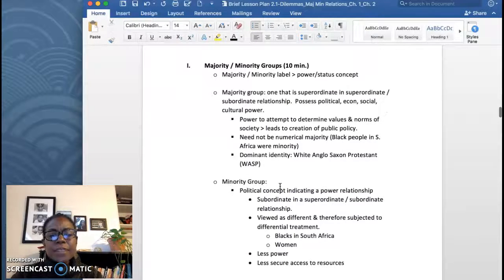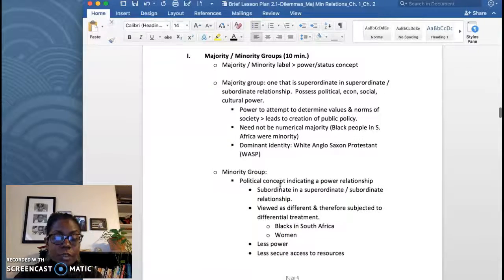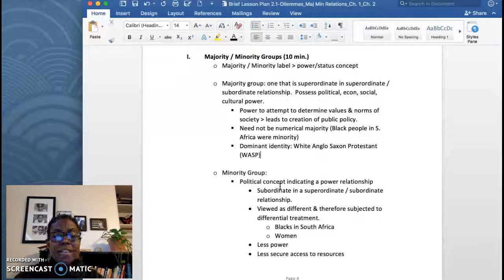And it means that the majority group possesses political power, economic power, social and cultural power. So there are lots of different forms. This power allows them to attempt to determine the values and the norms of a society. It also allows this majority to create public policy that supports them and their interests.